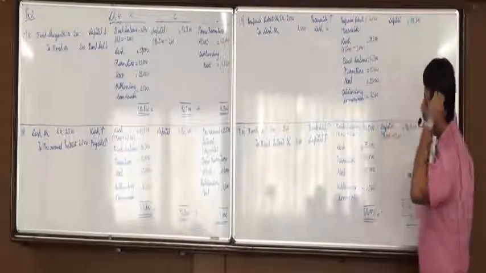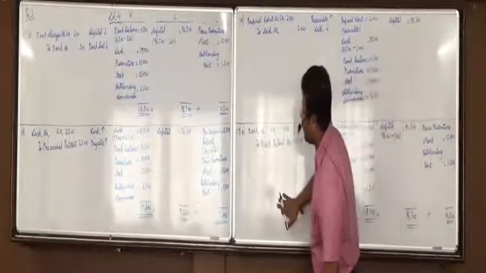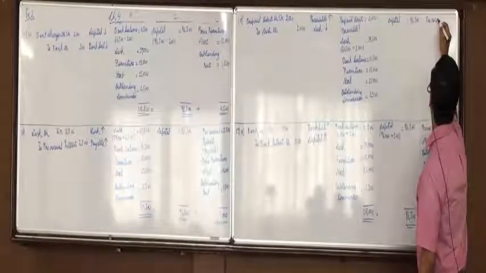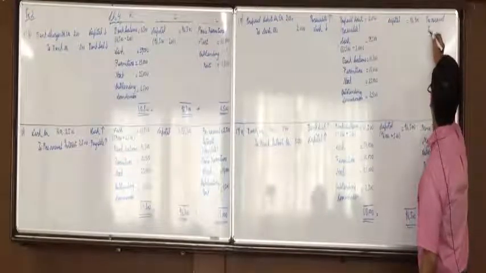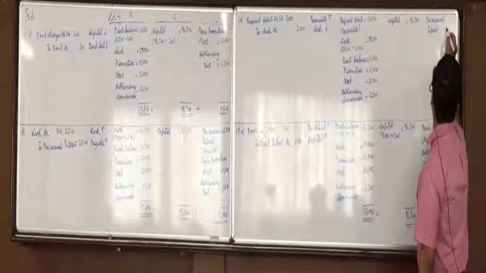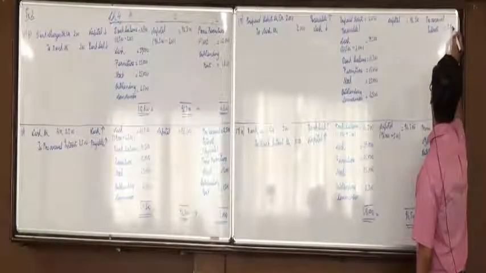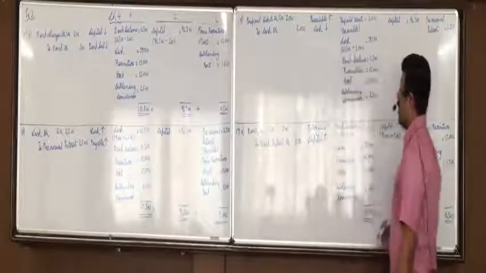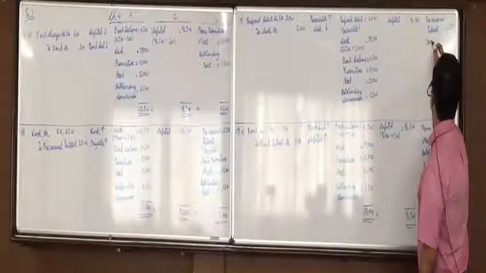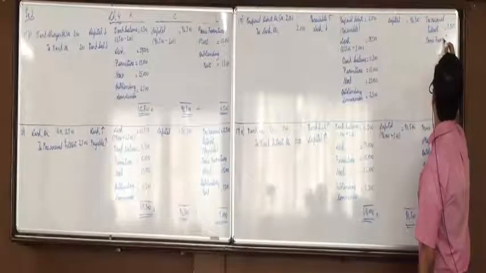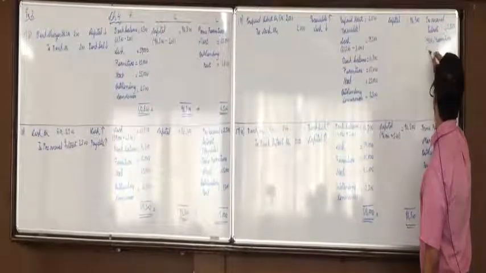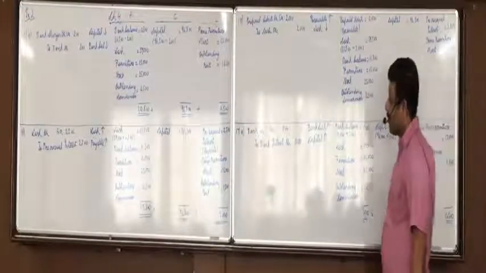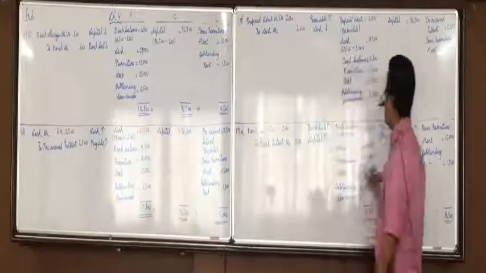And in liabilities, pre-received interest 2,500 as it is. Texture Furniture Mart 15,000 as it is. Outstanding rent 1,500 as it is.